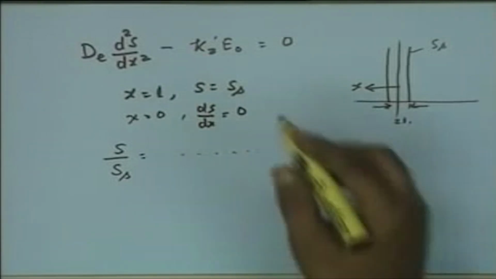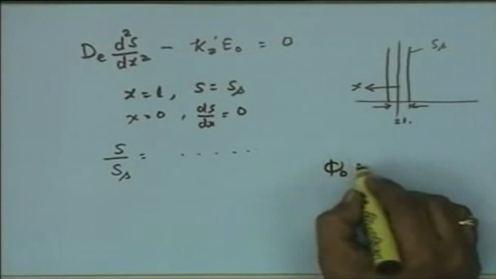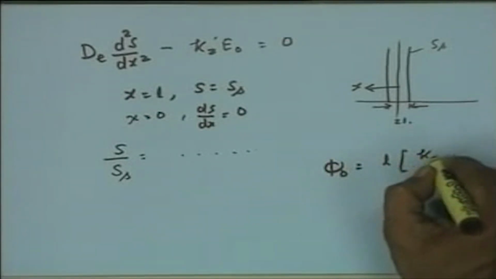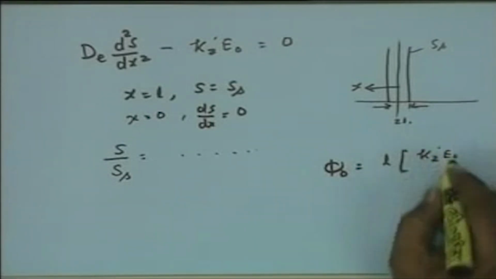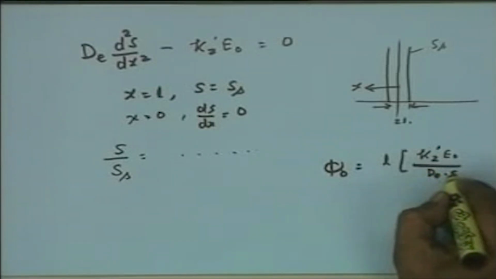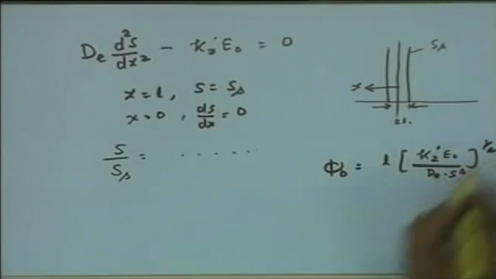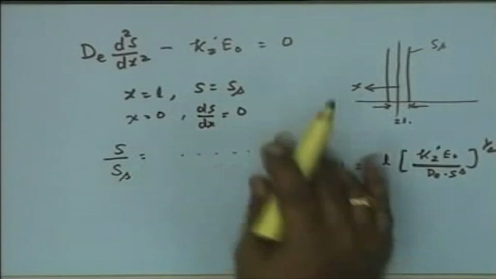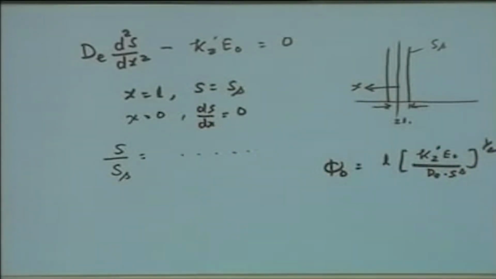Essentially for a 0 order, phi 0 is equal to L times K2 dash E naught upon dE into SS to the power half, isn't it? Now, the Thiele modulus will be this one, so rearrange this expression in the form of phi and get the reactor performance.